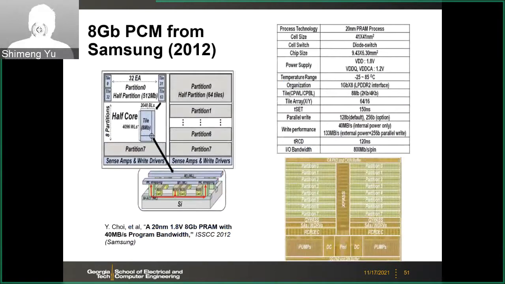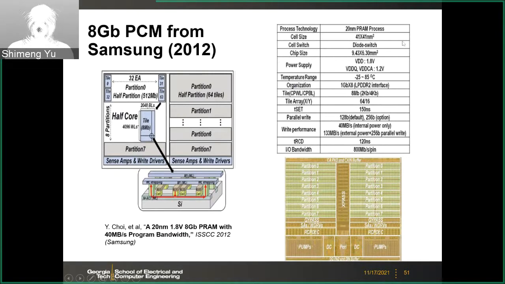So let's look at this particular design from Samsung, the 8 gigabit phase change memory. Again, this is a cross-point array, and each tile is 8 megabits, with 4,000 word lines and 2,000 bit lines. You can call it a block, or you call it a tile, and you have many of those as a partition. You can think of it as a bank.